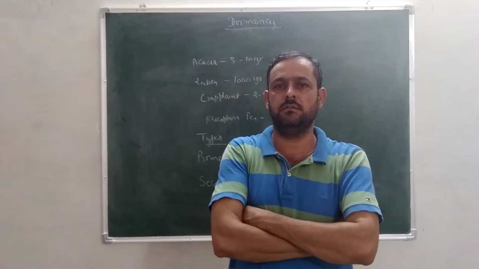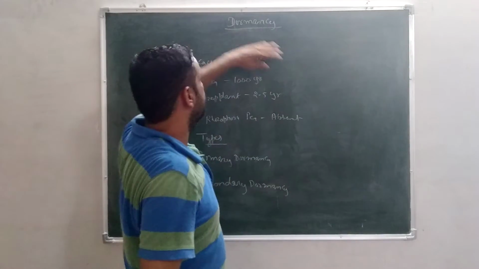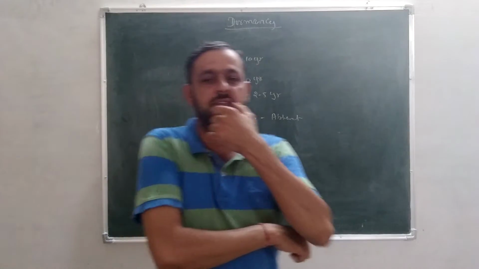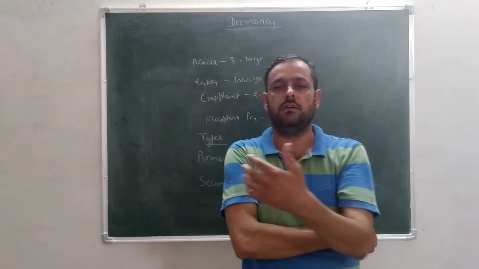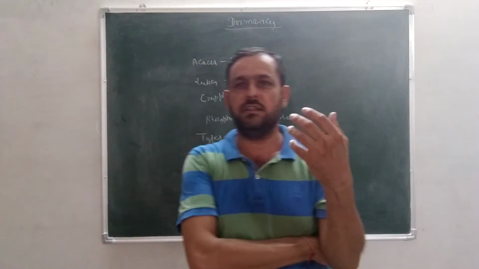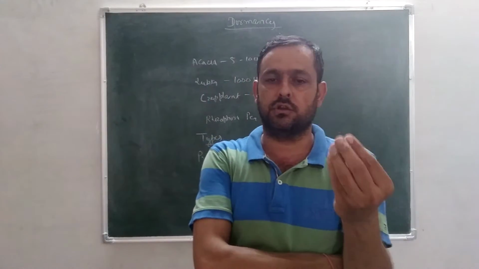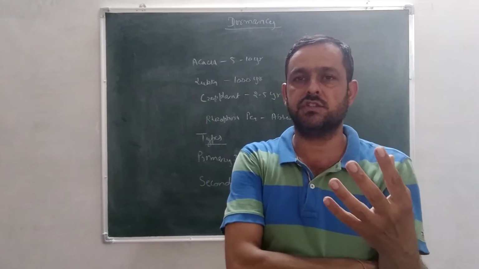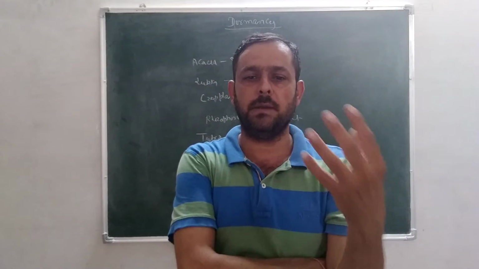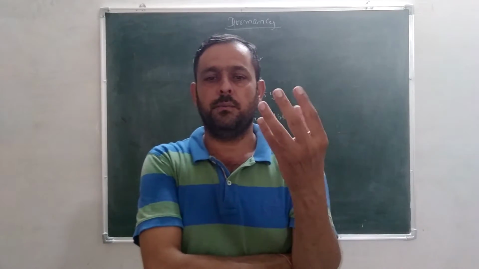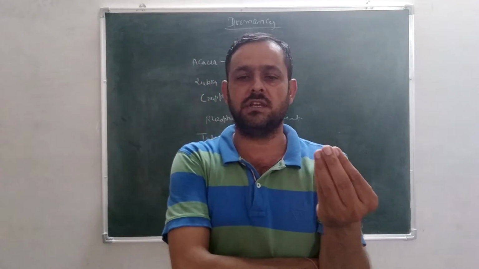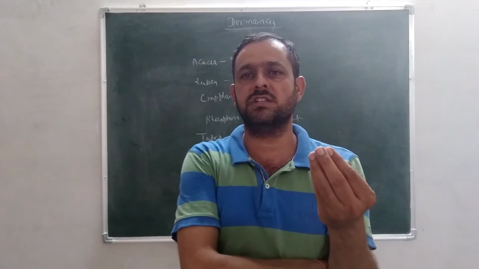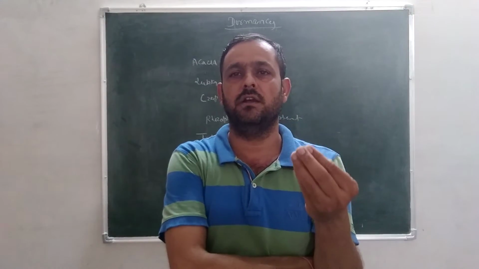Today we start our new topic, dormancy. What is dormancy? After completion of development of seed in the plants, their seed growth stops. In some plants, even if favorable environmental conditions are available, seeds are not germinated.